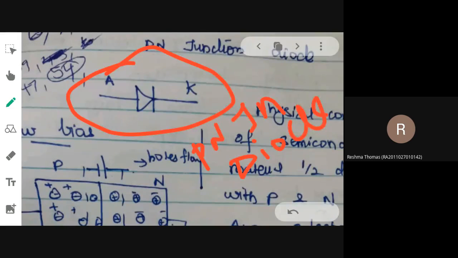And what are the two terminals of the diode? You have two terminals marked as A and K. What are A and K? Don't say positive, negative. That is the wrong way of interpretation.